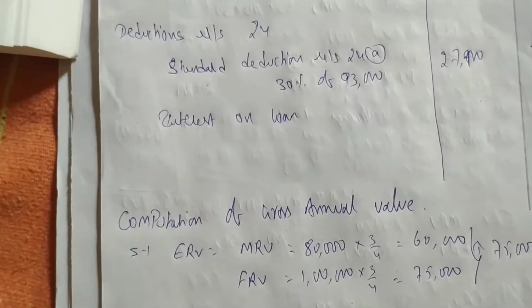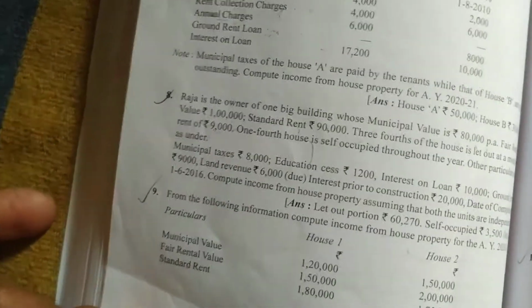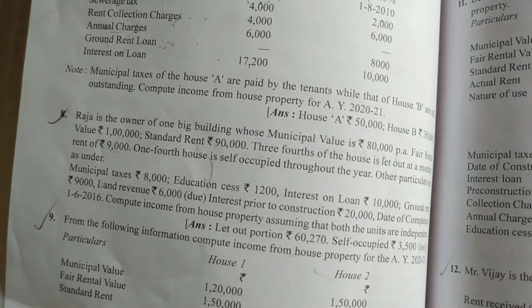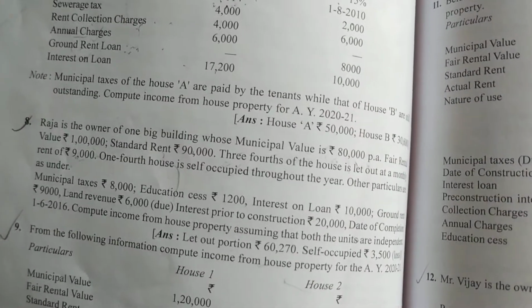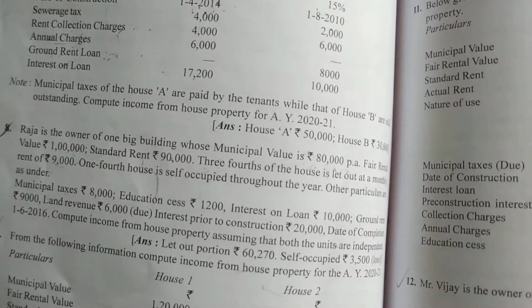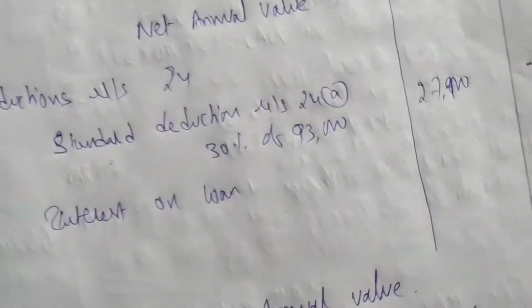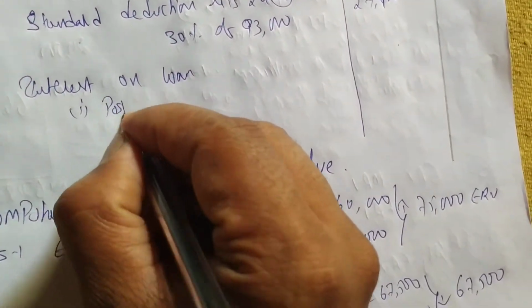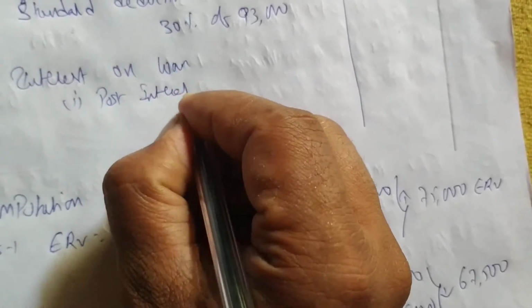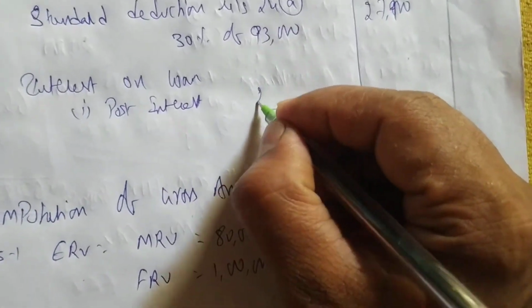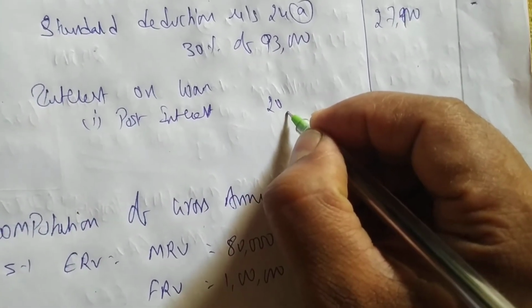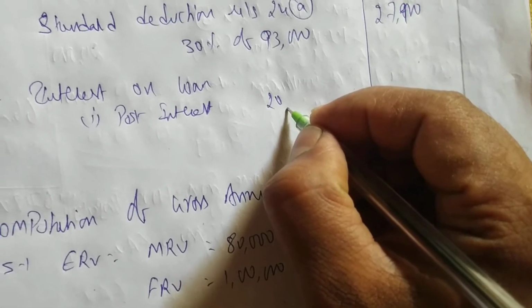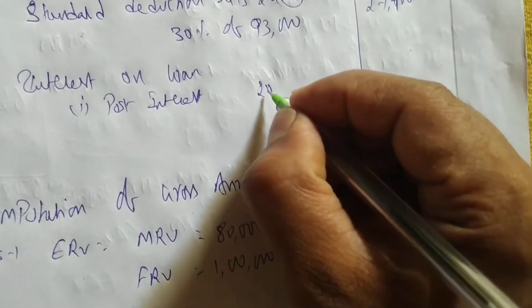Interest on loan, how much is given? Interest on loan is 10,000 and pre-construction interest 20,000. So first interest on loan, it is post interest. Post interest on loan is 10,000.